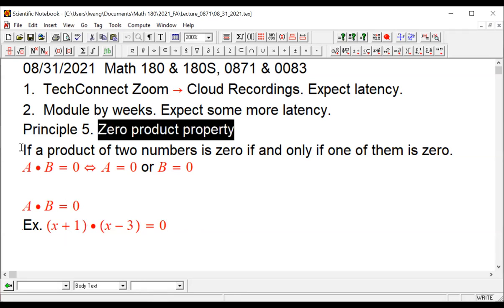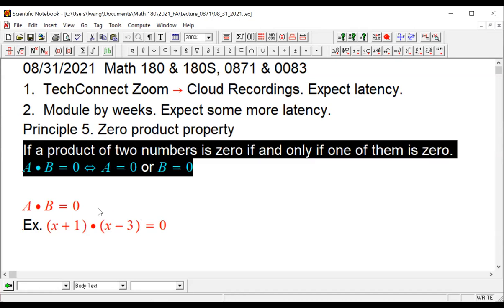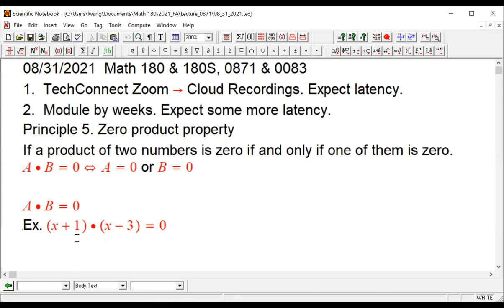So what does this zero product property say? Well, one side is easy. The other side is also the same. If you have a number as a multiplier that is 0, then the product is always 0. So no wonder that in your previous experience, you might have learned that if this is true, this is the if statement.